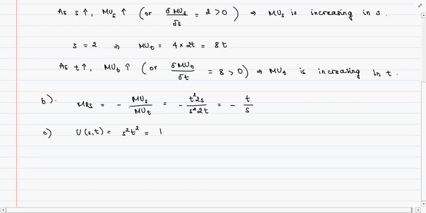So we just have to prove that the bundle 1 and 1 is on this indifference curve.